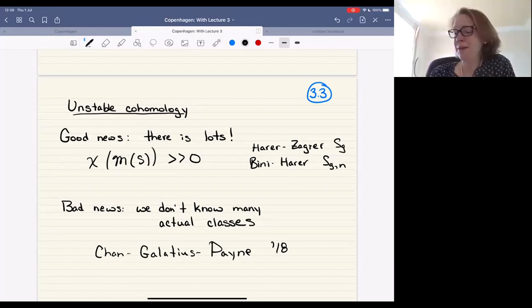But in general, we just don't have a lot of concrete information here, and so this is what Andy and Nate and I wanted to delve into a little bit and see if we could try to understand this a little bit better.